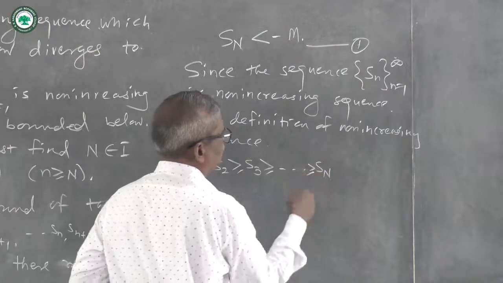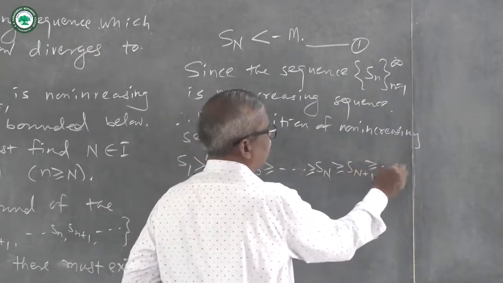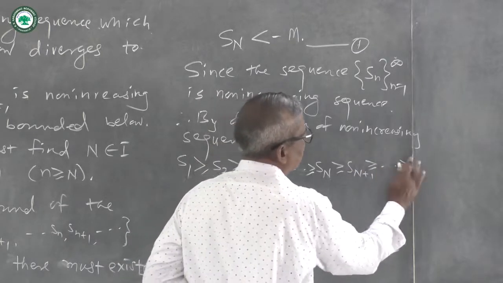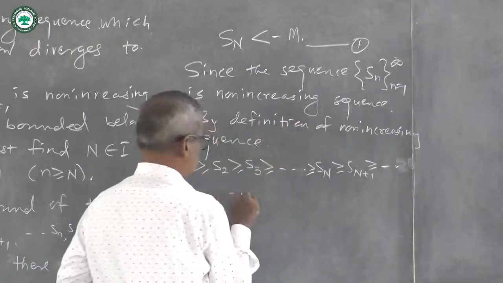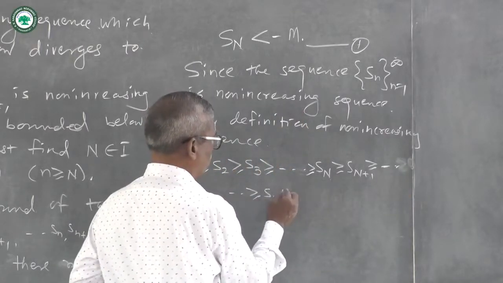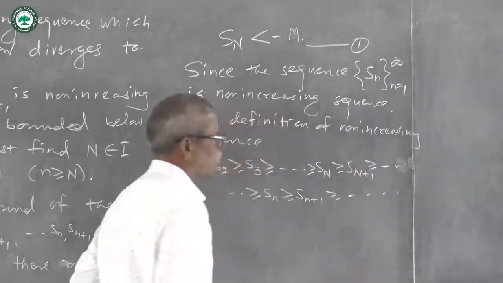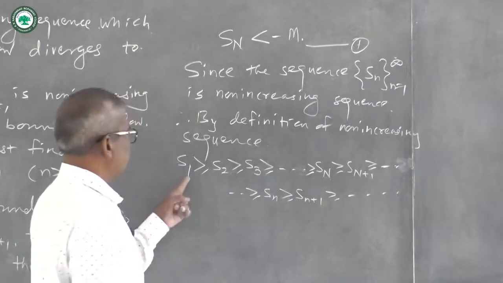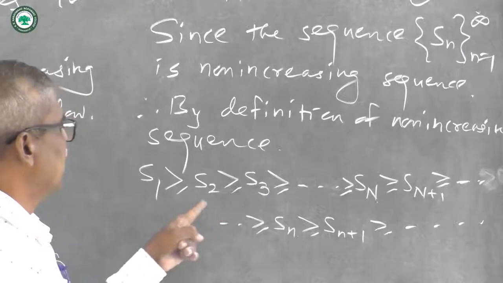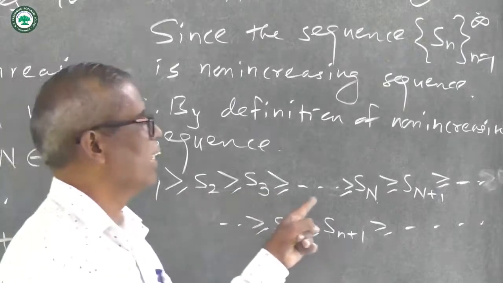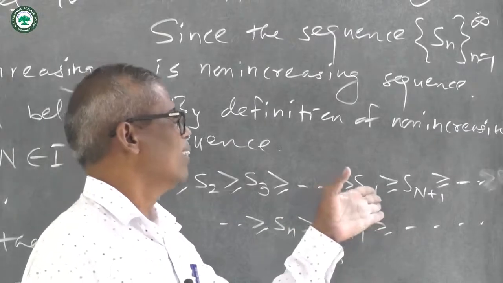S suffix capital N is greater than or equal to S suffix capital N plus 1, greater than or equal to, and so on, greater than or equal to S suffix small n, greater than or equal to S suffix small n plus 1, greater than or equal to, and so on. Here the suffixes are increasing and the value of S suffix is decreasing.